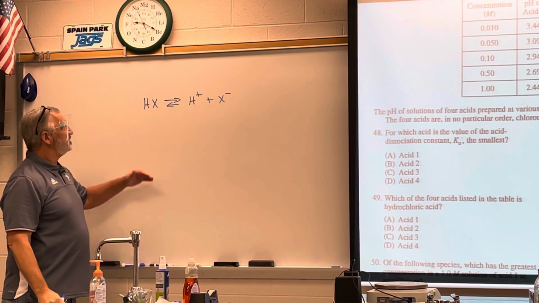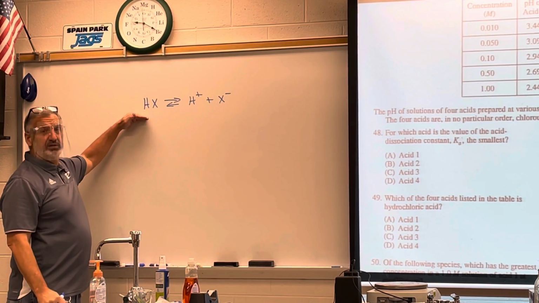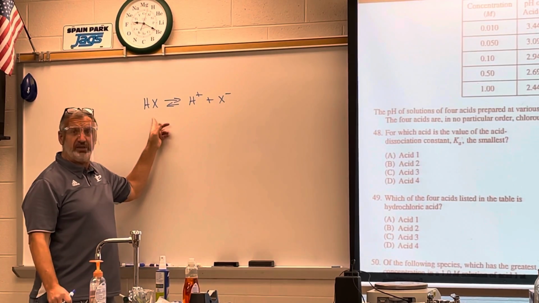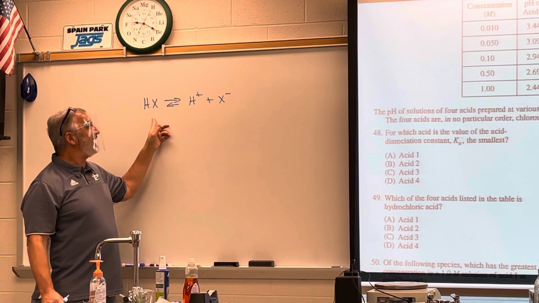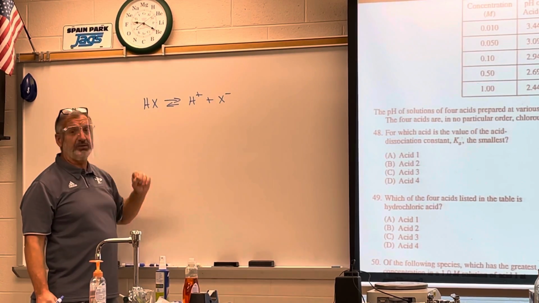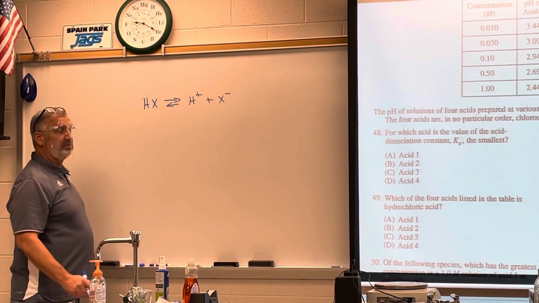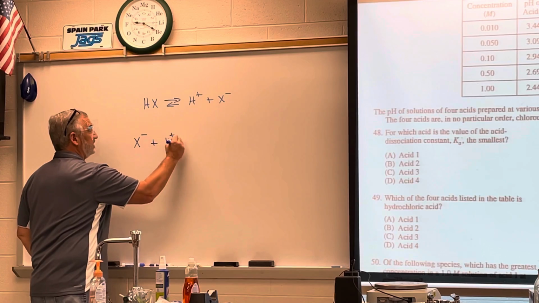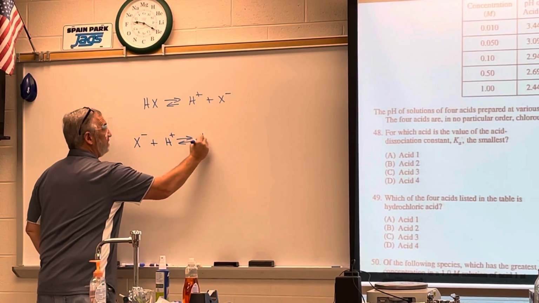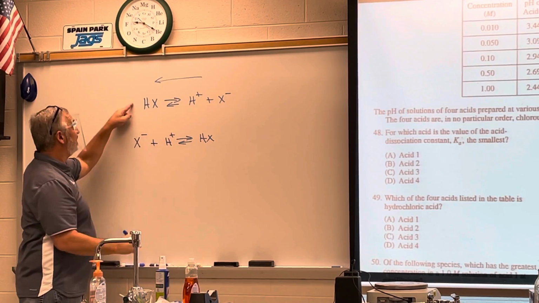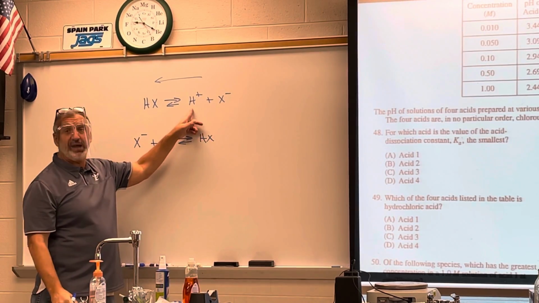If I have a buffer, I'm going to have 50% of this, 50% of this. I'm going to have some of this, some of that. So if I add acid, H plus, what's the reaction going to be? It's going to be X minus plus H plus going back to HX, right? It's going to make it go this way. So this would go up, this would go down if I add more acid.